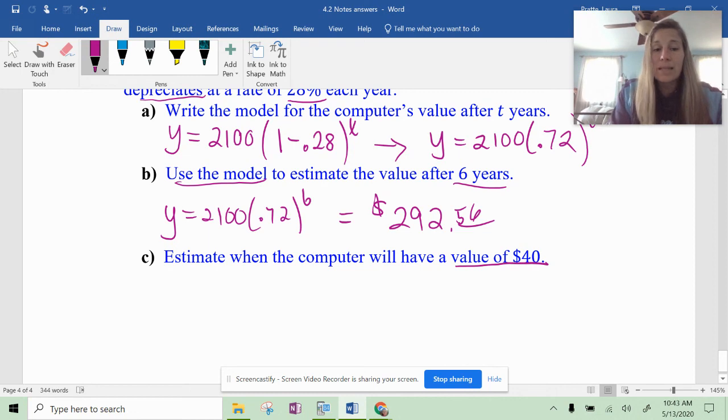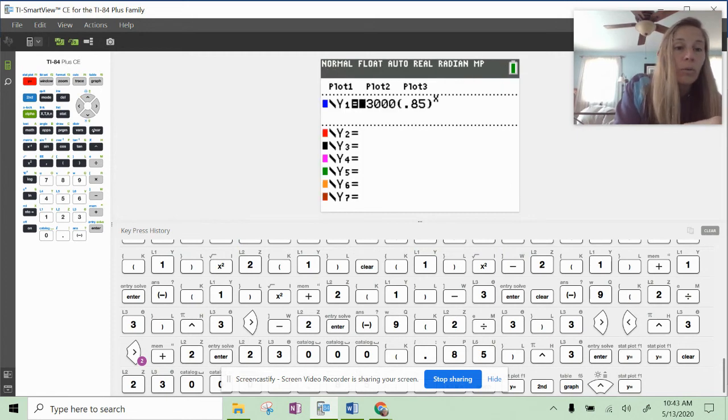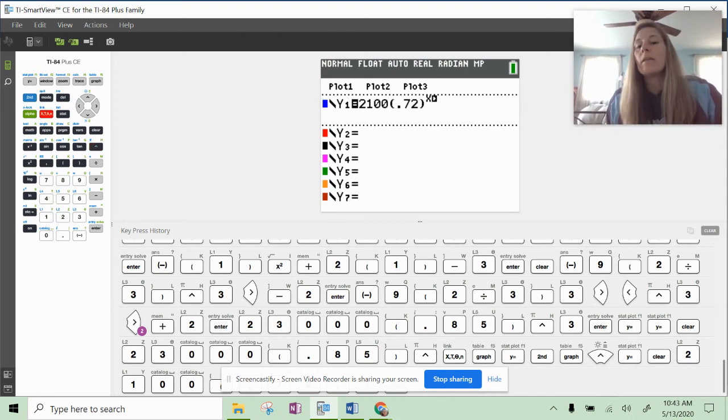And you don't want to keep guessing and checking y values of 40. So this is where you really want to use that graphing calculator feature. So you go to your y equals, you're going to type in the 2,100 times 0.72. Make sure you're raising it to the variable x or t. If you put a number there, it's not going to do anything but graph a flat line because it'll only graph that 1 year.